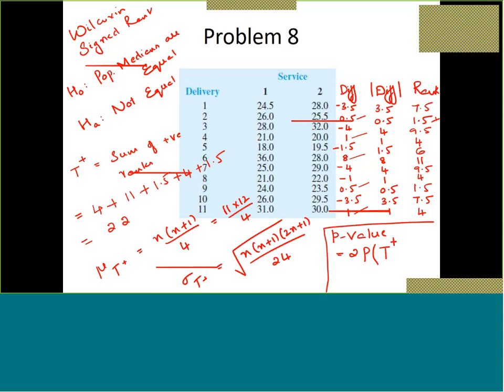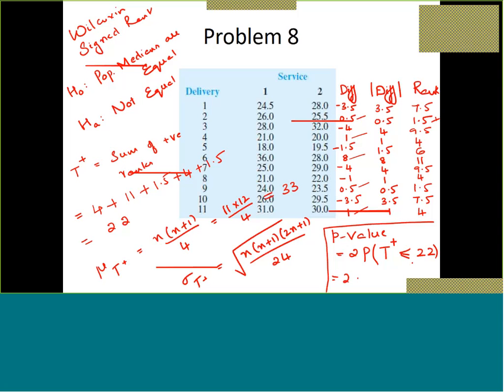Now, what is the sum of positive ranks? 22. How do you check whether it is coming on the lower side or upper side? Because what is the mean here? Mean is 33. So 22 is coming on the left side. So you have to calculate T plus less than or equal to 22.